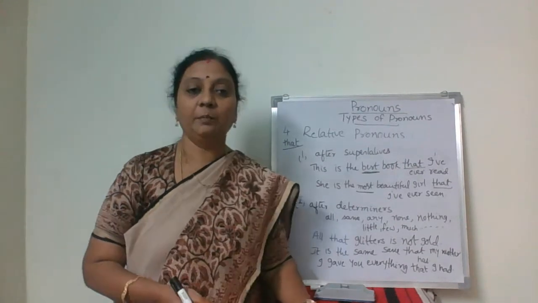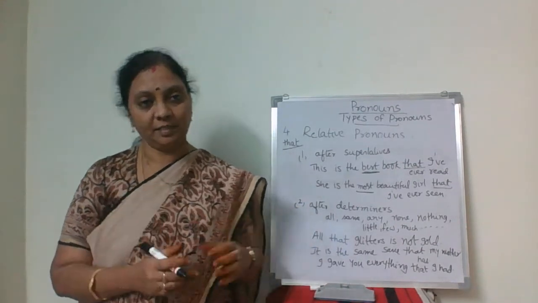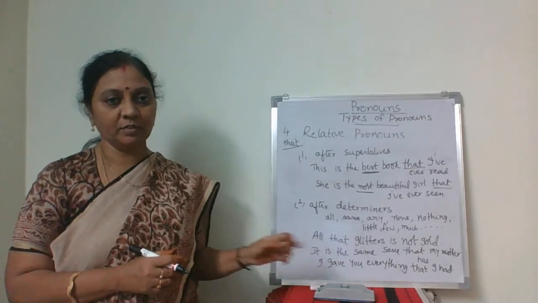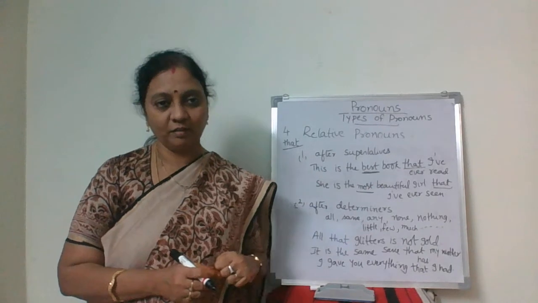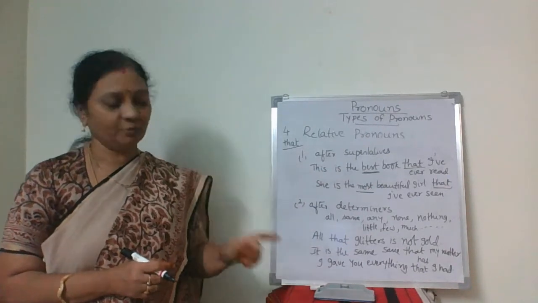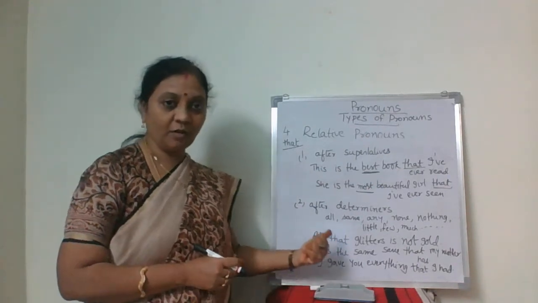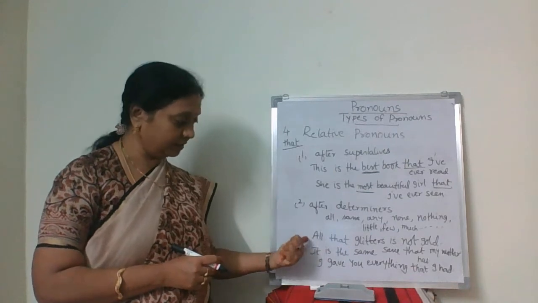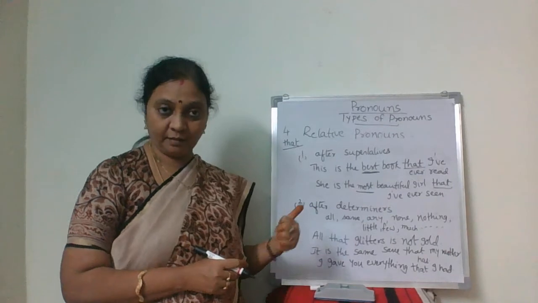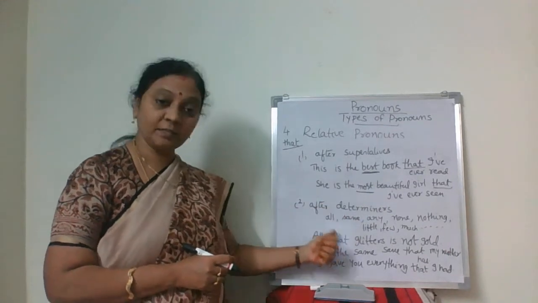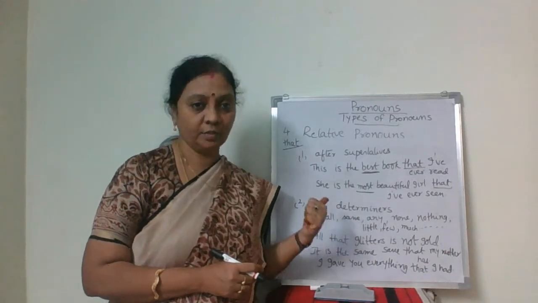All that glitters is not gold. This is actually a proverb. We never say all which glitters is not gold. We use that because the phrase begins with all, which is again a determiner. So after determiners you have to use that.